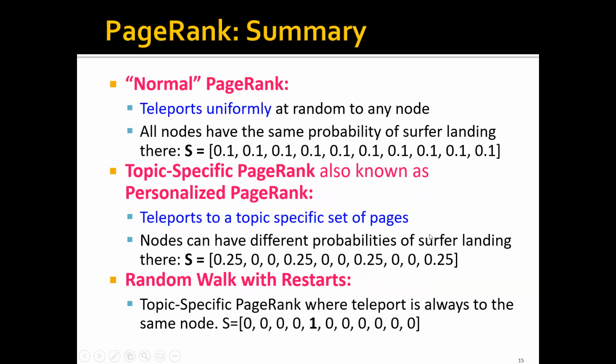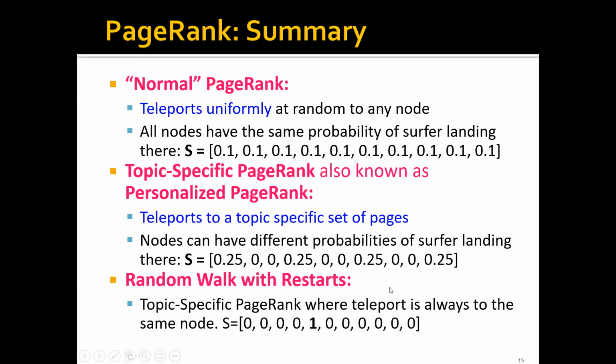To briefly summarize, until now we have talked about several versions of the PageRank algorithm. We talked about the normal or standard PageRank, which teleports uniformly at random to any node. We have also talked about some extensions of PageRank, and one of them is the topic-specific PageRank, also known as personalized PageRank, which teleports to a topic-specific set of pages.